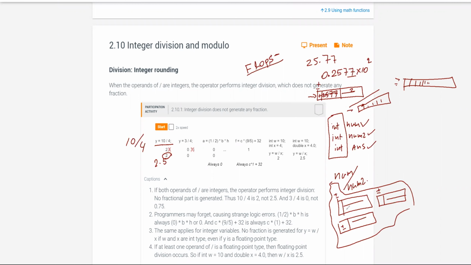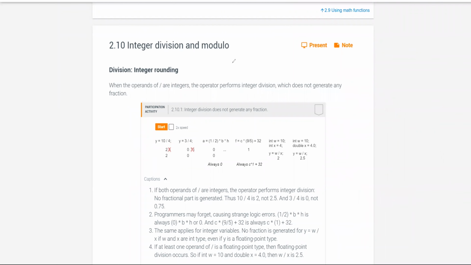But what is the bad part? Can anybody tell me what is the bad part of using integers? It could be less accurate, maybe. Yes, exactly. So it is not accurate, right? If I use float, of course, if I divide 10 by 4, it should give me 0.5.